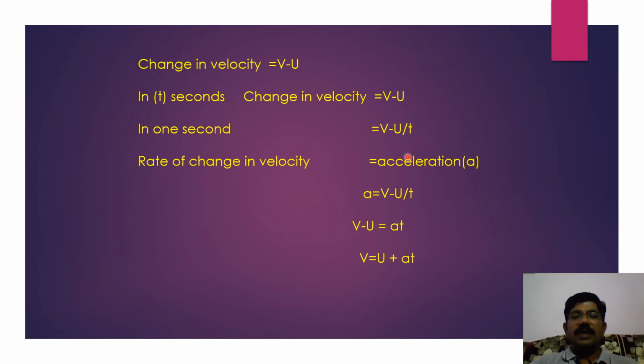But from the definition of acceleration, rate of change of velocity is known as acceleration. So v minus u by t is equal to a. By cross multiplication, v minus u is equal to at. Now take minus u to the other side, that is v is equal to u plus at. So this is the first equation of motion.